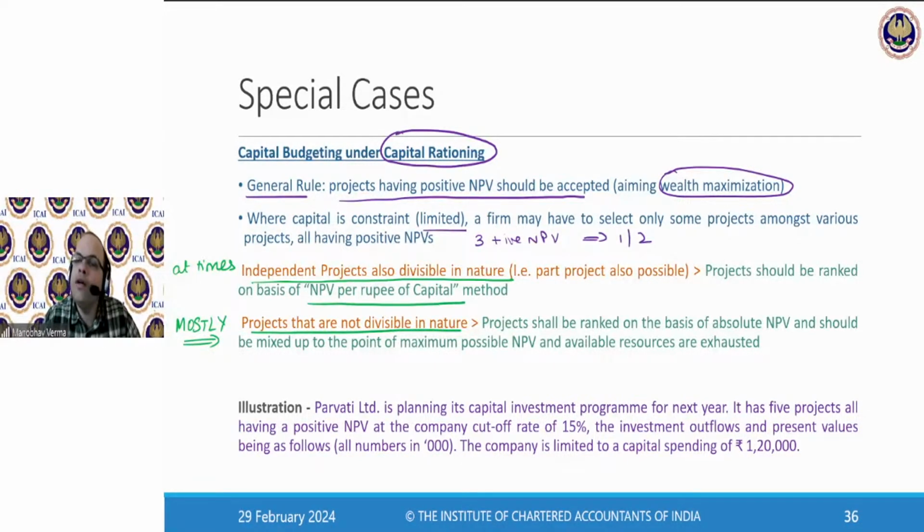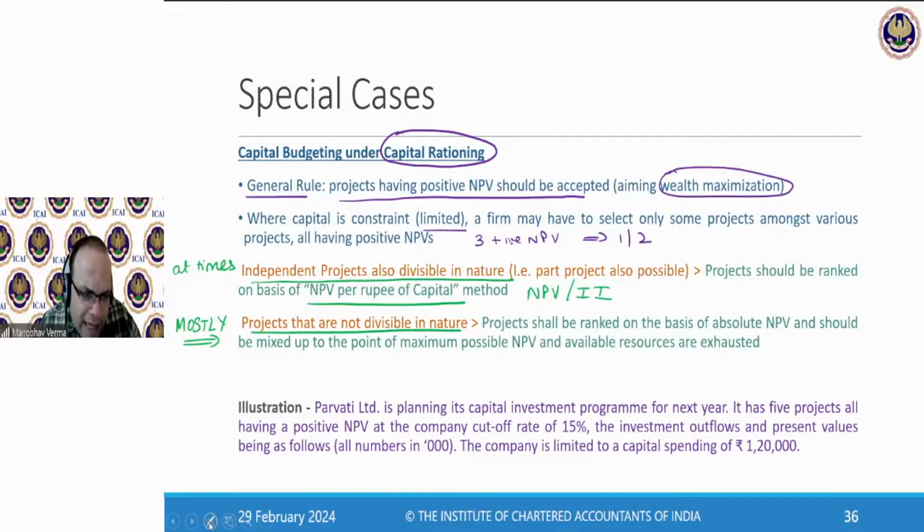That means we calculate NPV and then divide it by the initial investment: NPV per rupee of capital, NPV divided by initial investment. We'll see that, don't worry.